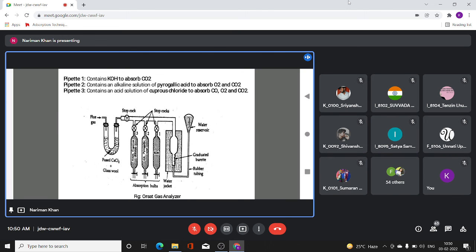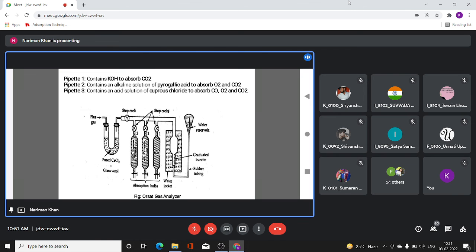And then for the remaining gases, there is one more opening through which we can pass them to the burette which is connected here. This burette is mainly used to pass the remaining gases back into the U-tube, because it is going to cool the gases.